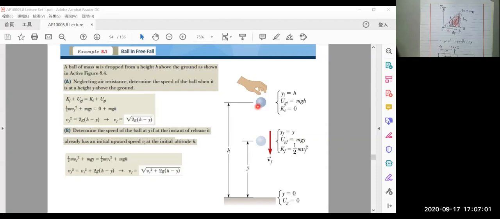Here you have kinetic energy equal to 0 because it is dropped from rest. Considering no work done against friction, this is what you need: Kf plus Uf equals Ki plus Ui. Some of the terms are 0, and the initial gravitational potential energy is mgh, final mgy. So you have the equation for the final velocity.